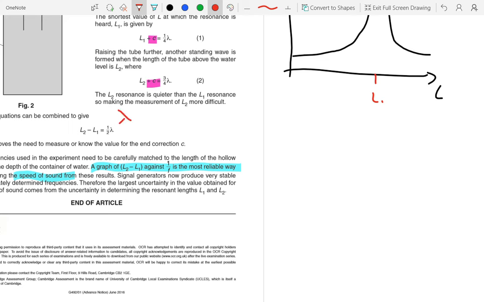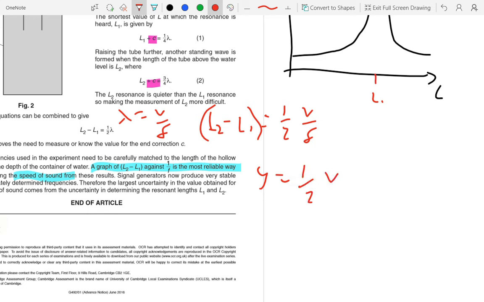So lambda equals V over F. So in theory, L2 minus L1 equals 1 over 2 V over F. So if we say L2 minus L1 is Y, then we've got Y equals half V, and if we say 1 over F is X, so we've got half Vx. So you've just got a graph of Y equals mx, where m equals half v, so half the speed of sound.